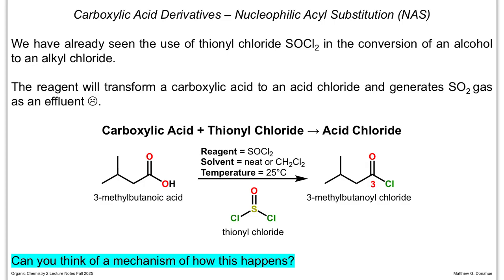So here's a model acid, 3-methylbutanoic acid. We have our OH and we're substituting that for Cl. The acid chloride is a better starting material to use for further substitutions.